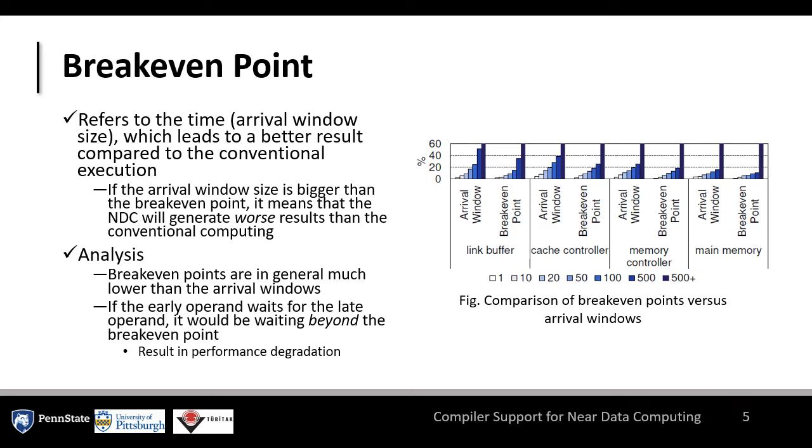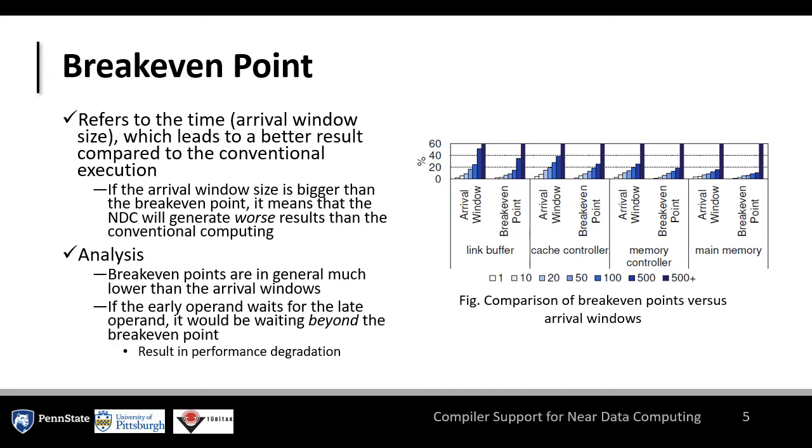And to capture this benefit, we use another metric called the break-even point. Break-even point gives the time that leads to a better result compared to conventional execution. For example, let's say that the operand A arrived at a particular location, and then how long is it going to wait? So the break-even point is the right amount of time for A to wait.